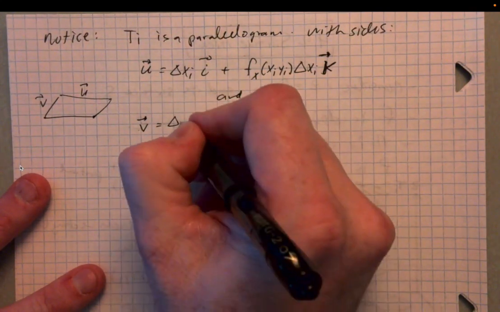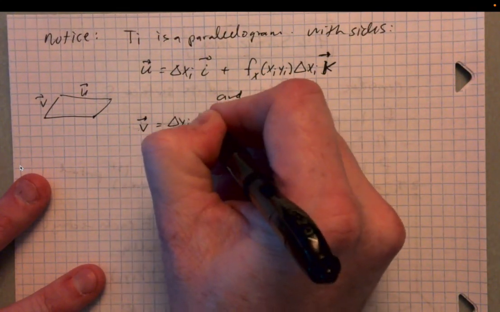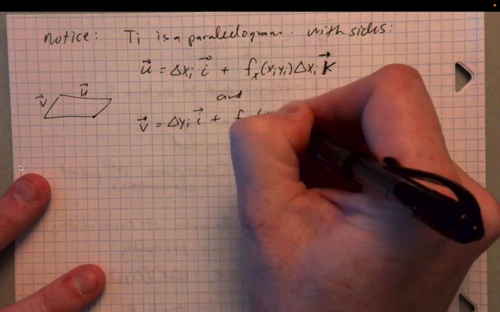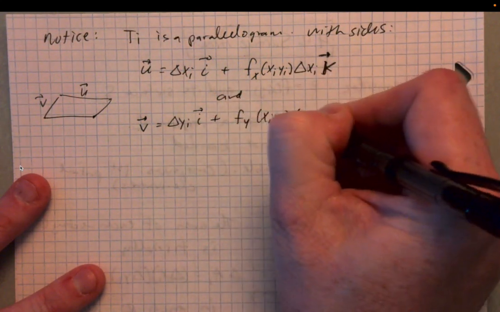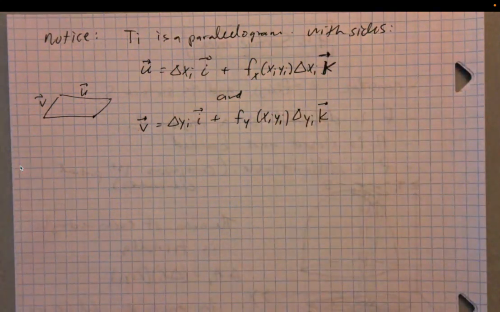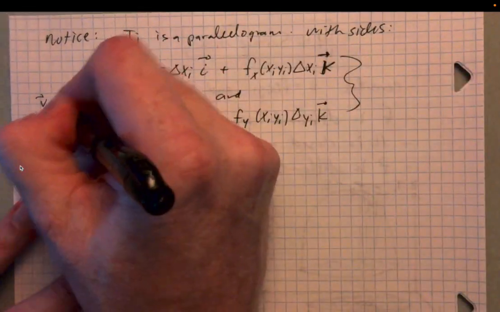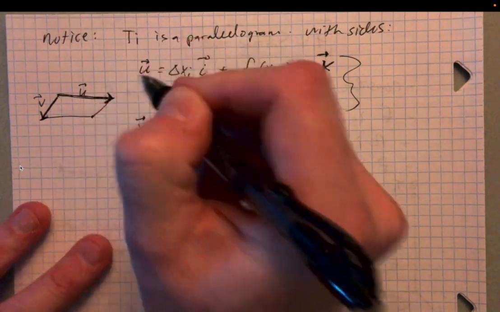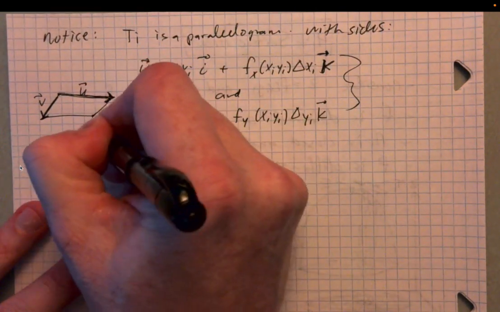It'll be delta yi times j plus partial with respect to y, delta yi times k. Okay, so these two give you the sides of, and again, this is Ti.